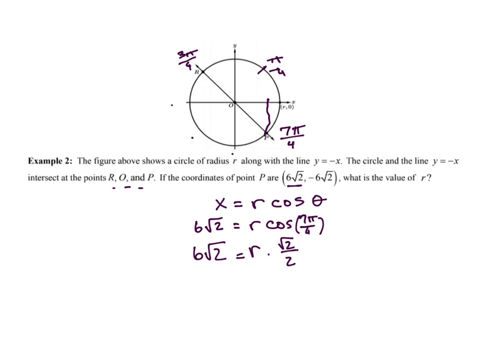So I'm solving for r here. So how do I get rid of this square root 2 over 2? Multiply by the reciprocal. So multiply by 2 over square root 2 to cancel all of that, and I'm left with r is equal to 12.